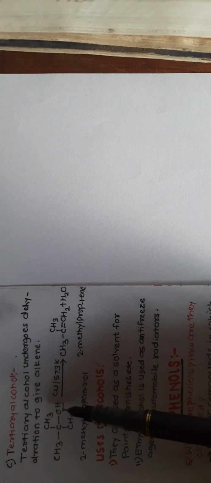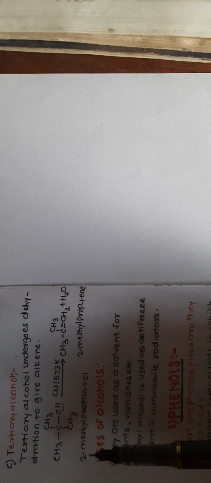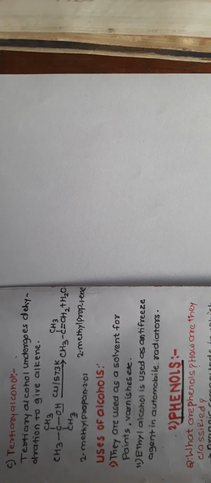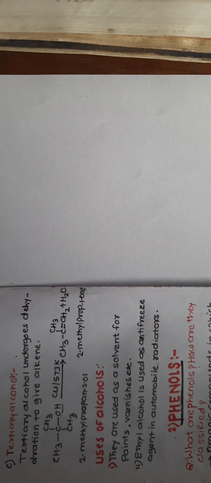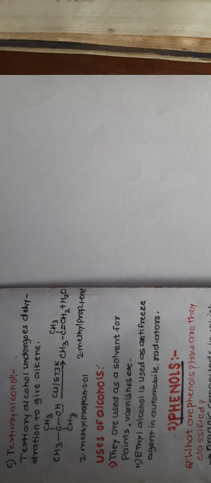I have taken the reaction (CH3)3COH in the presence of copper at 573 Kelvin gives CH3 C double bond CH2 plus H2O, that is 2-methylprop-1-ene. That is the difference. After dehydrogenation, primary alcohols give aldehydes, secondary alcohols give ketones, but tertiary alcohols give alkenes. That you have to remember.